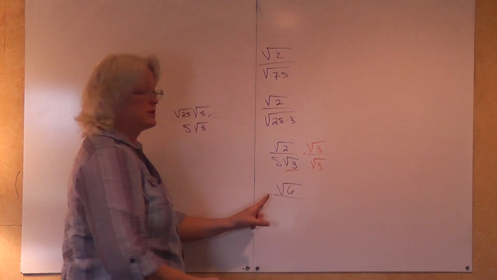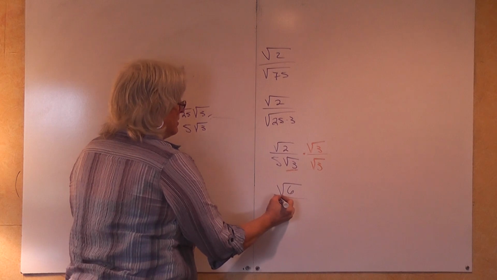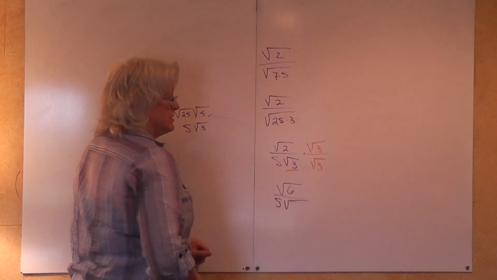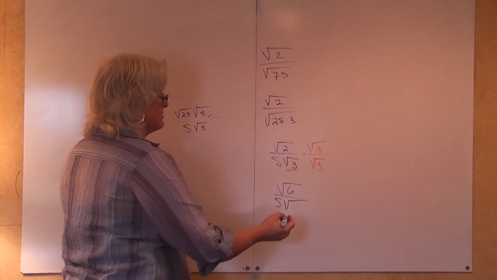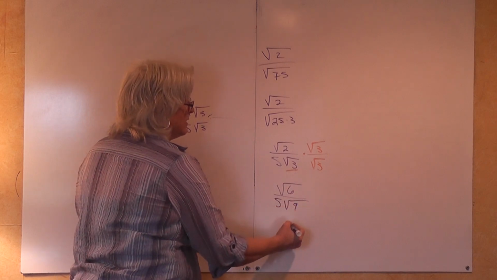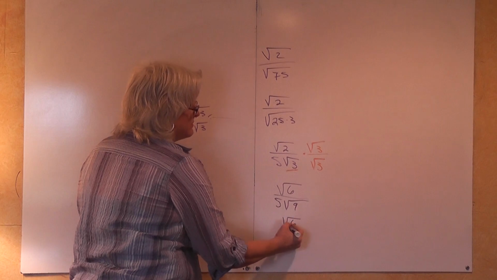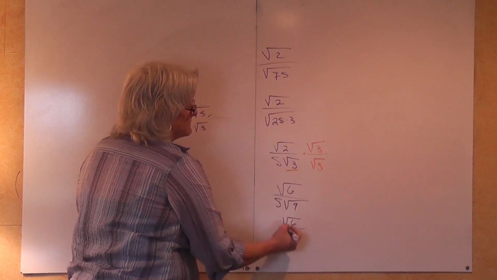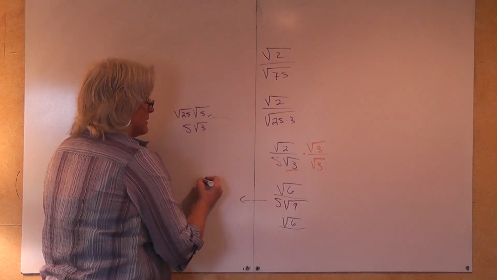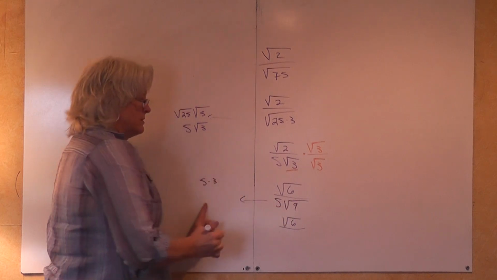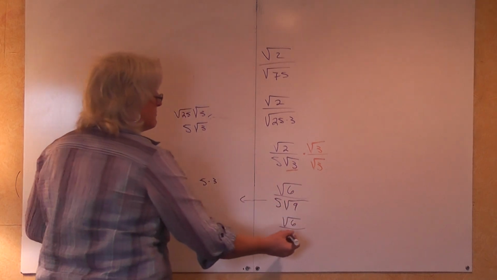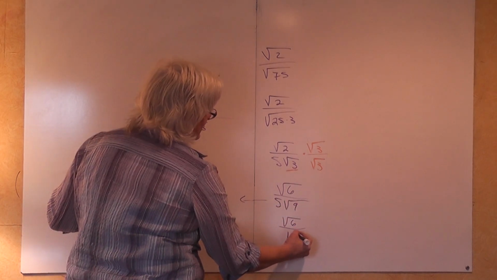Multiply the denominators together. 5 times the square root of 3 squared, or the square root of 9. So you have the square root of 6 divided by 5 times the square root of 9, 5 times 3. 5 times 3 is 15.